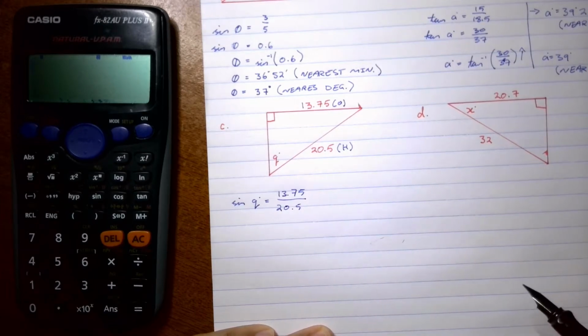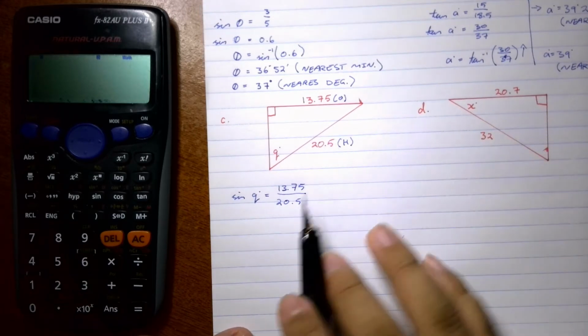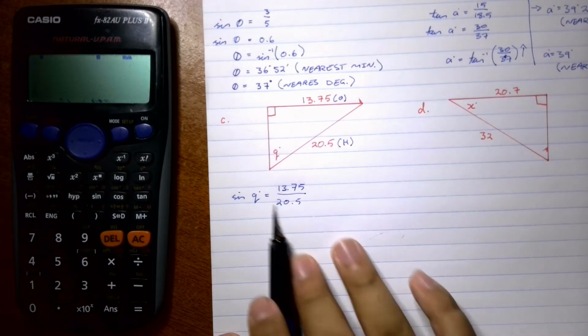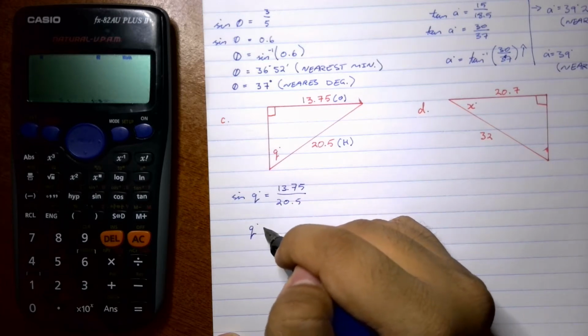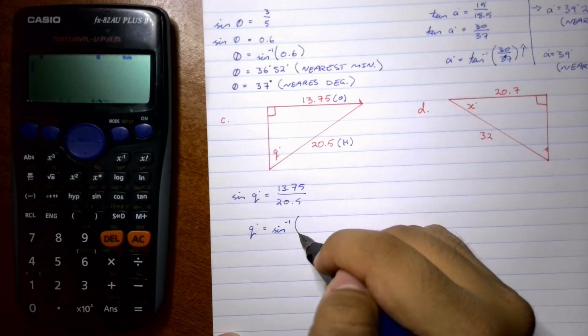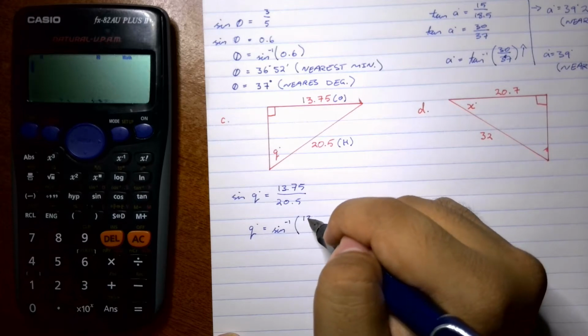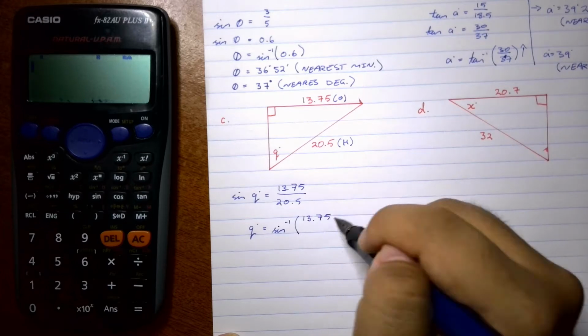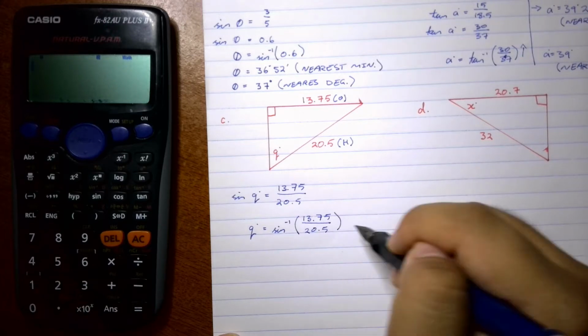I'm going to show you a little trick where we skip right to the inverse. I'm going to keep this as it is and inverse it straight away. So Q is equal to sine inverse of 13.75 over 20.5.